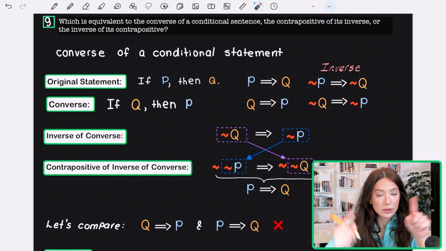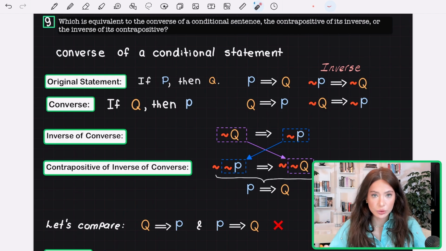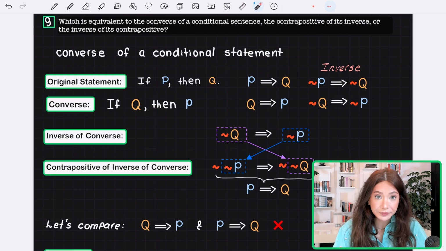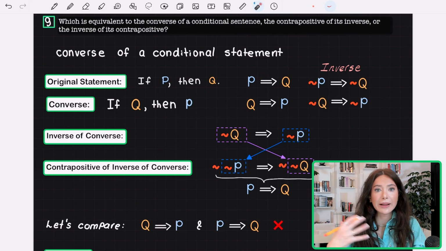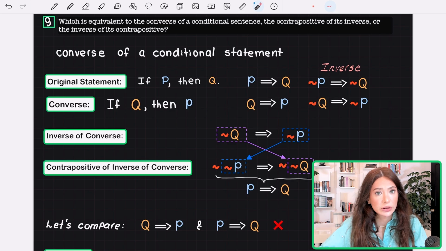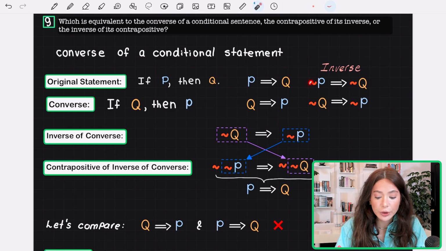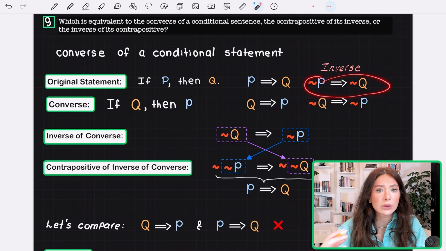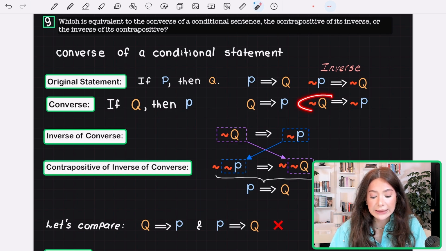You switch the spots, crisscross them, and don't change the arrow. Okay, that's the algorithm or steps or recipe to produce the converse. Now, how do you produce the inverse? You take whatever you have and you put not or negation in front. You don't change anything else. That's the algorithm to produce the inverse. Here I produced the inverse of the original statement too, but you just needed this one.